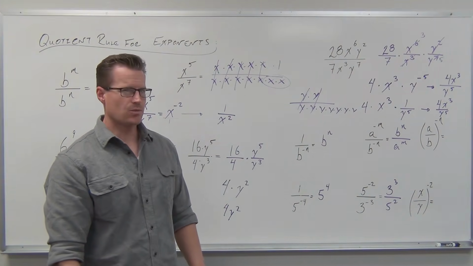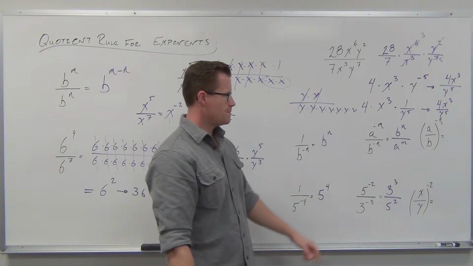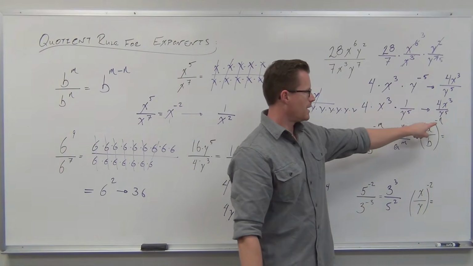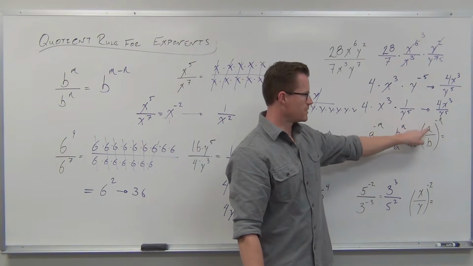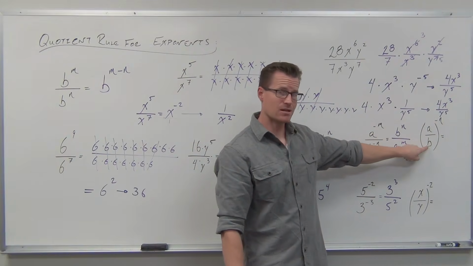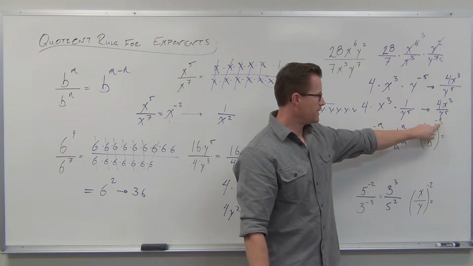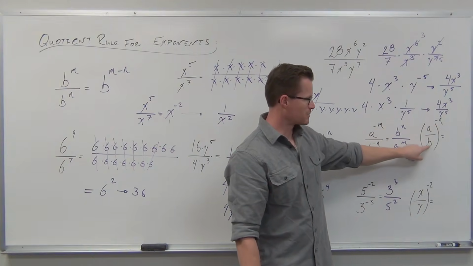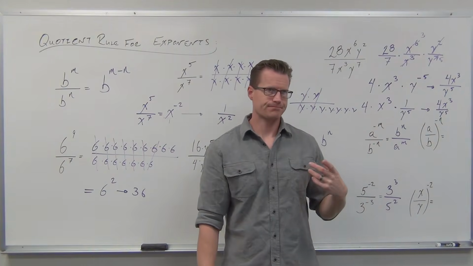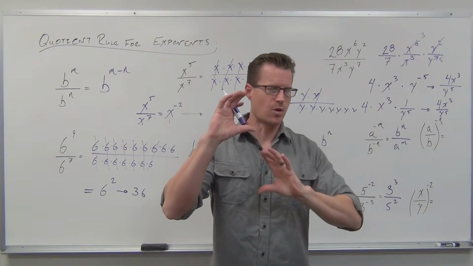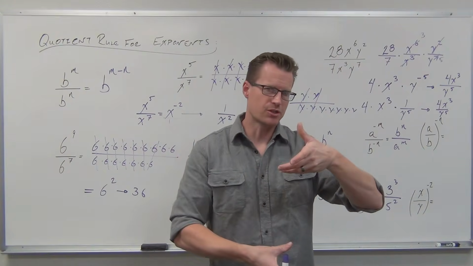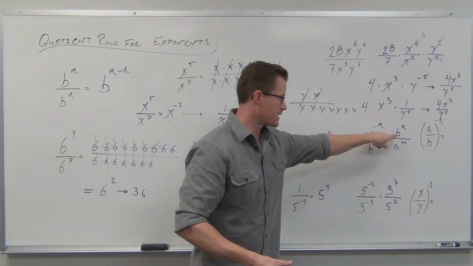Last one, kind of a neat one. Because exponents distribute across multiplication and division, this a would get a negative exponent, this b would get a negative exponent. It would say we're both in the wrong places. We would need to switch. We would need to very much do the same thing as this.